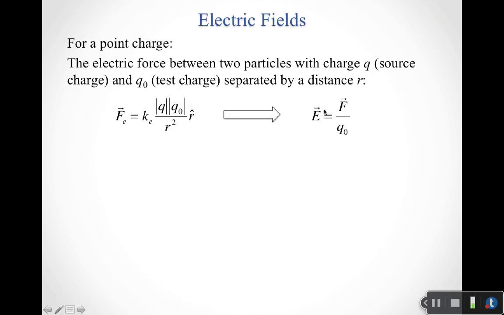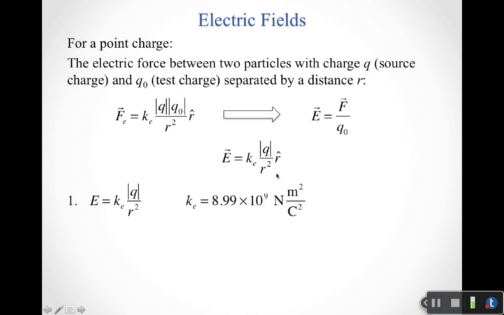To get the electric field, we take the electric force and divide by Q naught. So I take this expression and divide by Q naught, and it's easy to see that this term will disappear, and I'm just left with one Q on top. So the electric force depends on two charges, while the electric field just depends on the source charge.